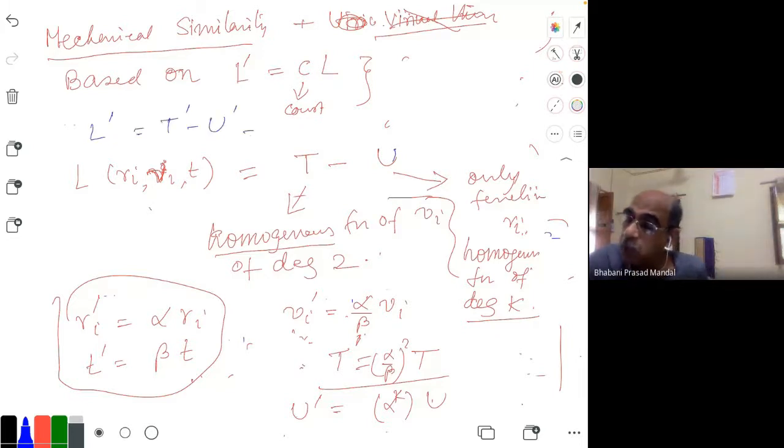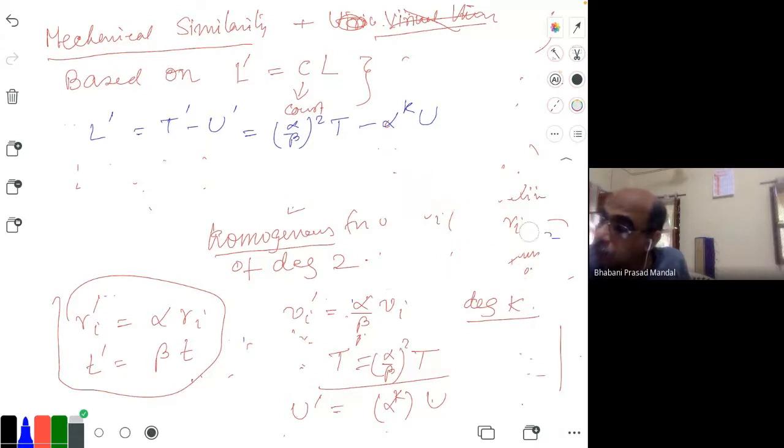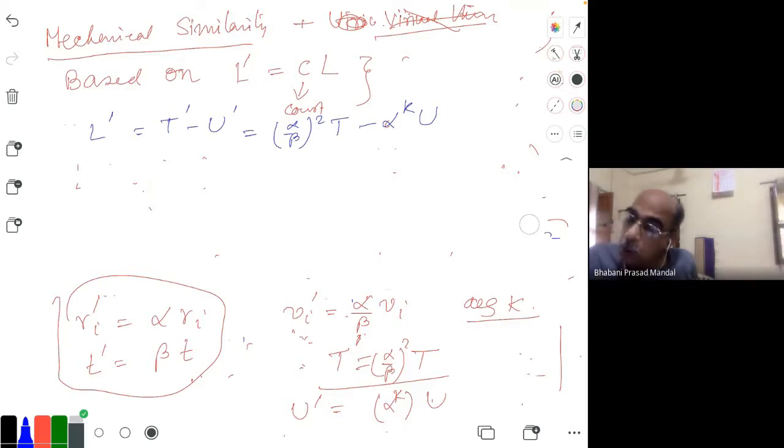T prime is alpha by beta whole square times T, and U prime is alpha to the power k times U. Okay, so this is straightforward. Now I want to use this formula, but it is not possible because this term and this term are different, so I cannot make an overall constant.